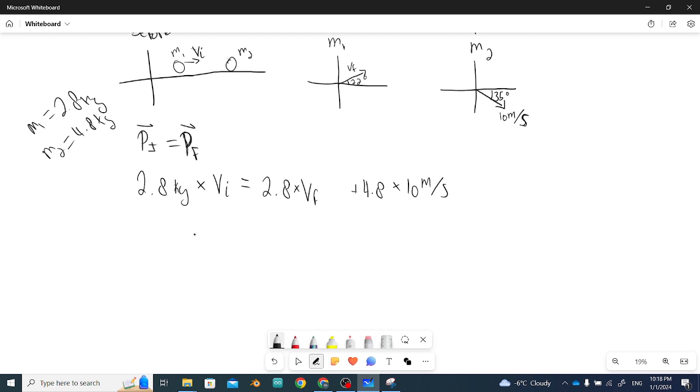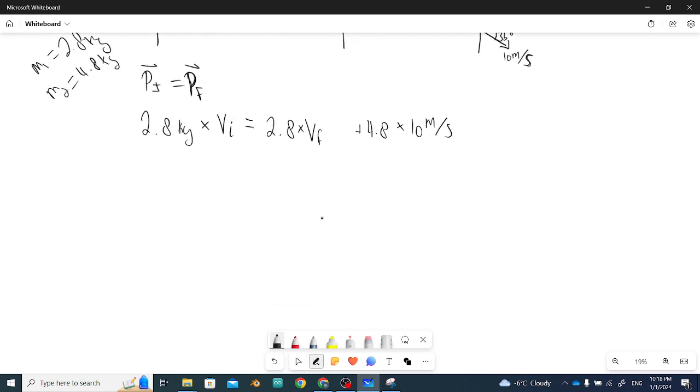Now, the problem is we have two variables, which means we're going to need to separate this into x and y. So let's do that. Linear momentum in x: initial equals final.